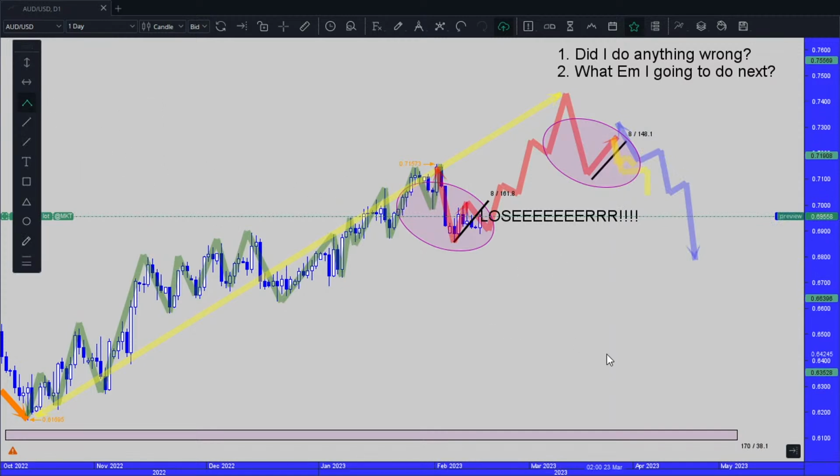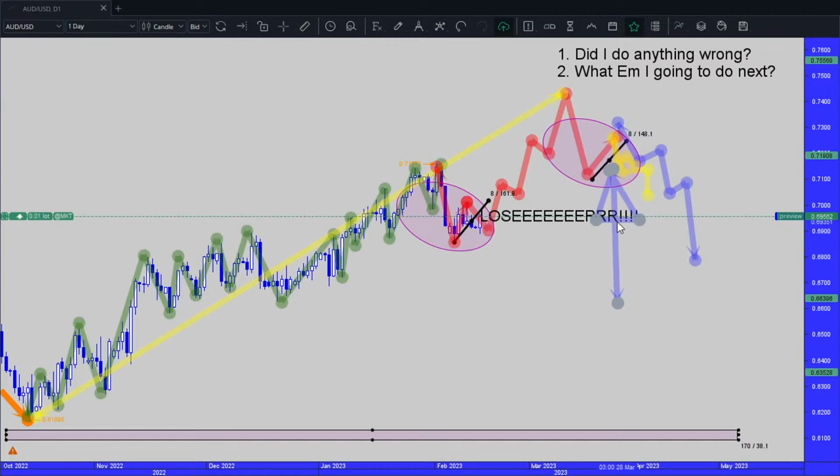But here is the kicker. I should have entered in here following the rules, and or I'm staying out, I'm doubting myself, I'm not entering, oh, you know, I'm not going to do the same mistake again. And exactly at the time that I'm staying out, exactly at this time, the market is going to push down.